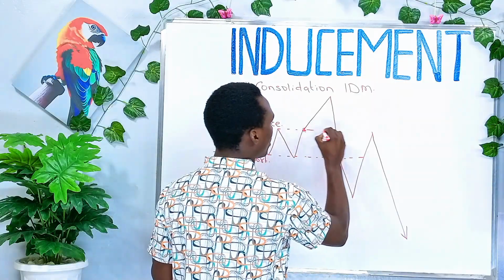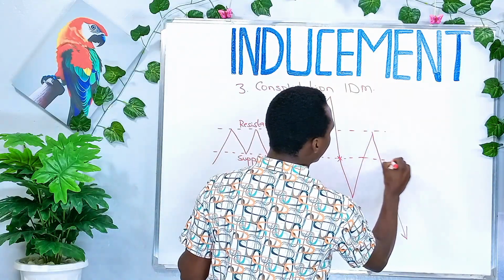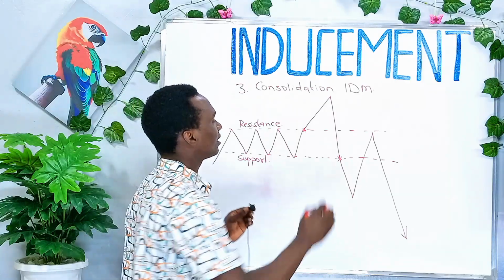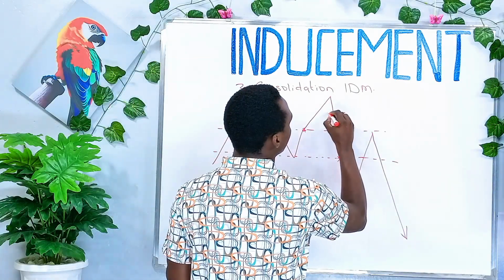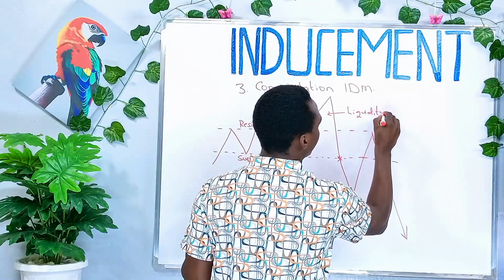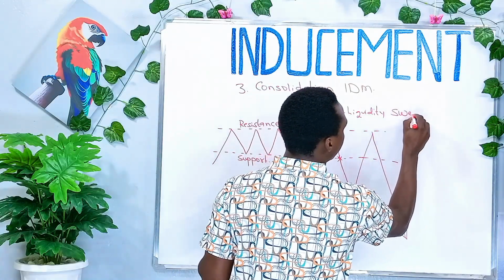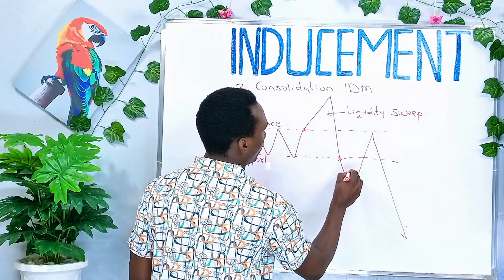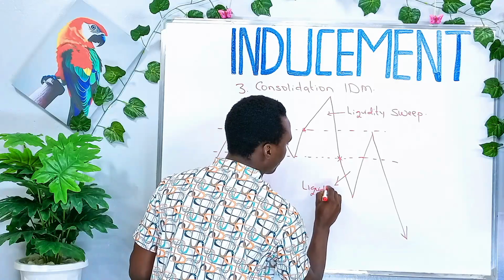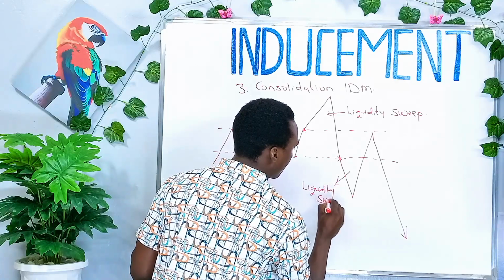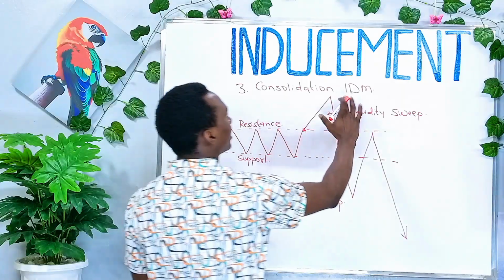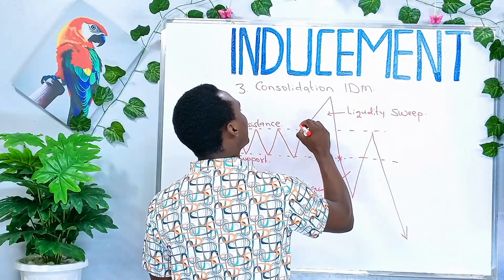In this case, there are a lot of things happening. First, we are having a liquidity sweep here, and again a liquidity sweep here. So this consolidation inducement happens here.